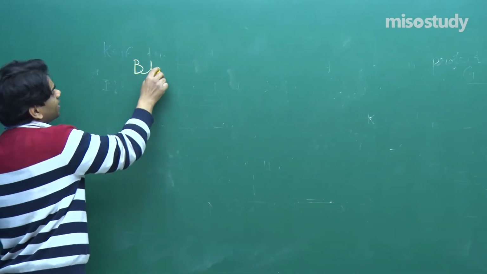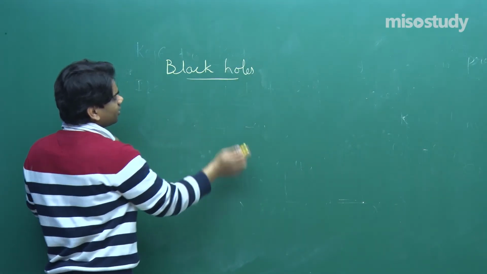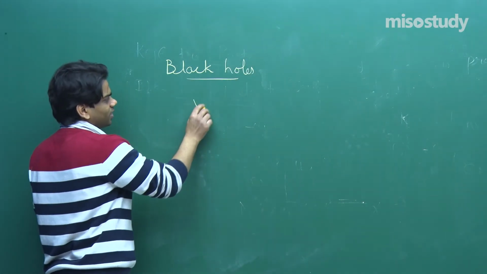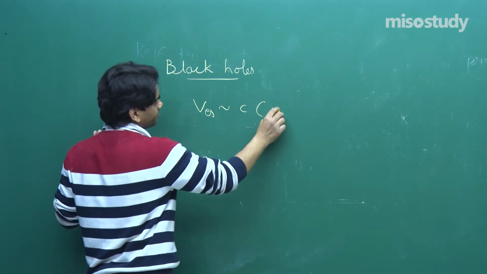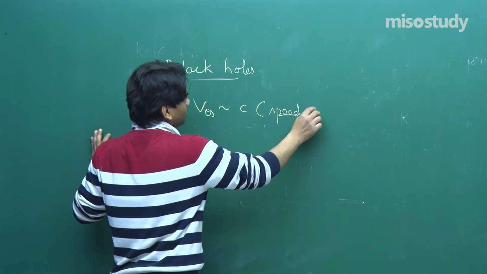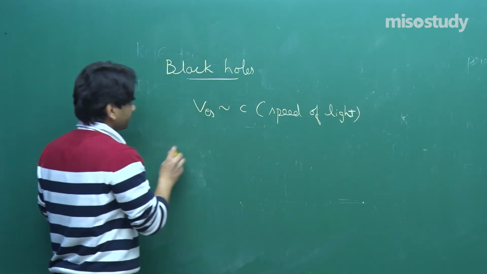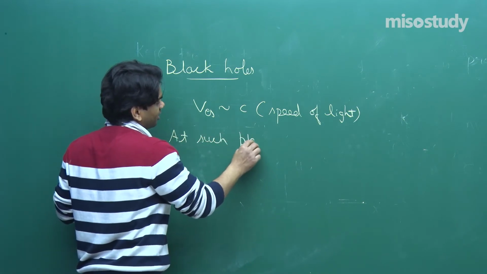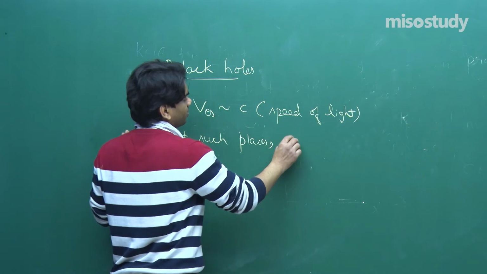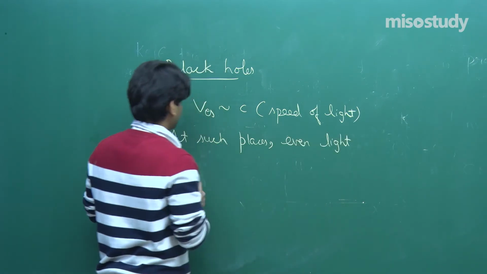These are such places where escape velocity is nearly equal to the speed of light. At such places, even light will not escape.